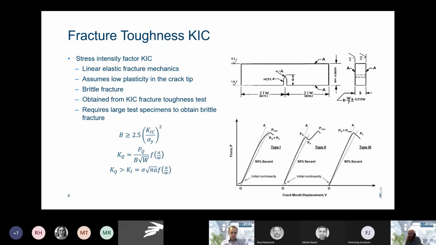The K1C is obtained from fracture toughness tests, and it has this downside that we also talked about in the questions before, that it often requires quite large specimens to obtain brittle fracture. The ASTM E399 requires that the thickness B is larger than 2.5 times (K1C divided by yield strength) to the power of 2.